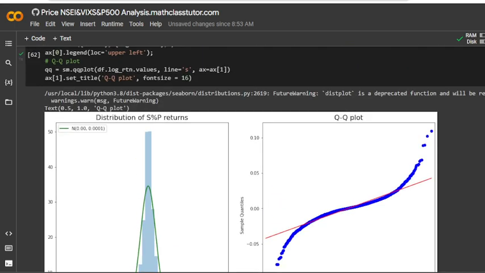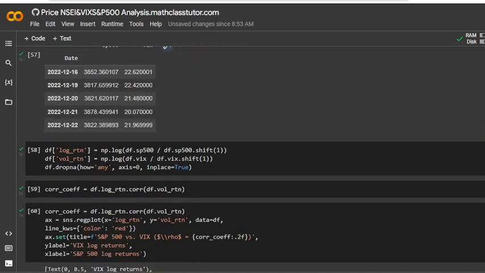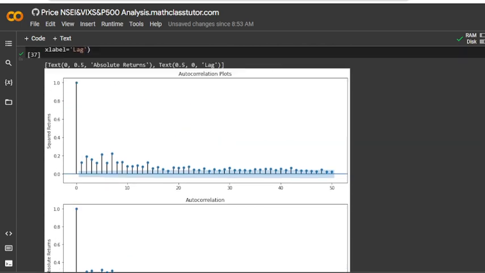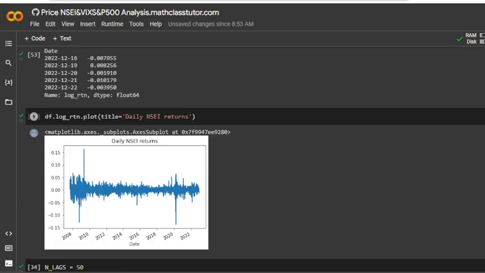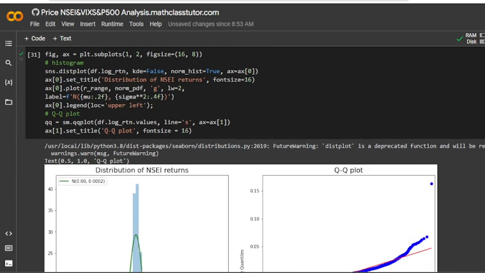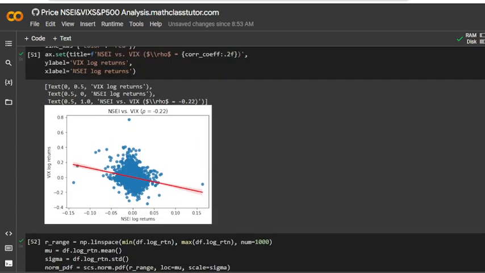If you see here the volatility correlation of minus 71, and now if you compare like this, here you can see 15%, a minus 22.